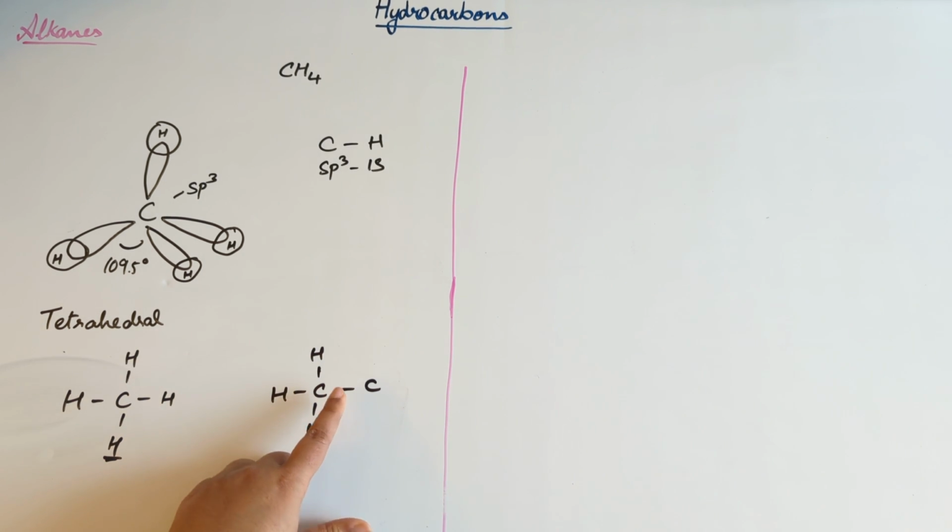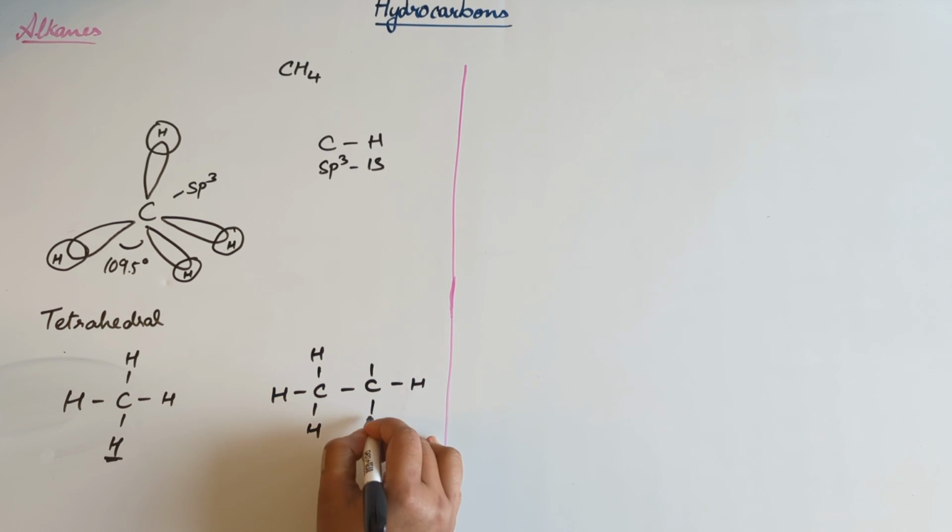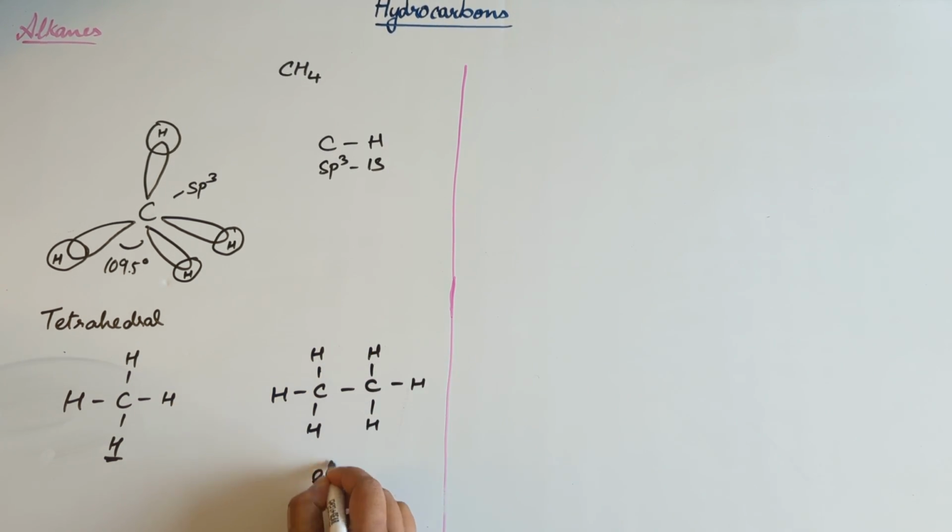So methane, and I've replaced a hydrogen with a carbon. Now carbon's valency is 4, so the remaining 3 bonds are going to be with hydrogen atoms. Then we get ethane.